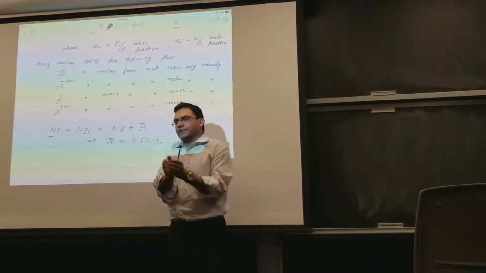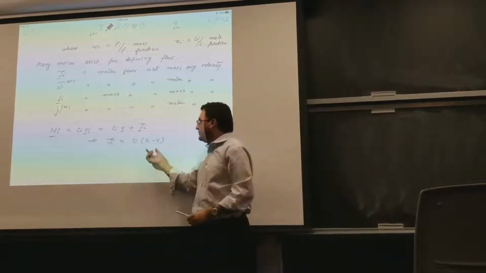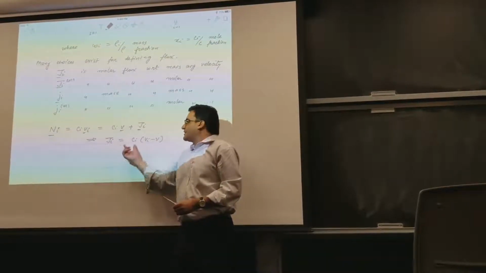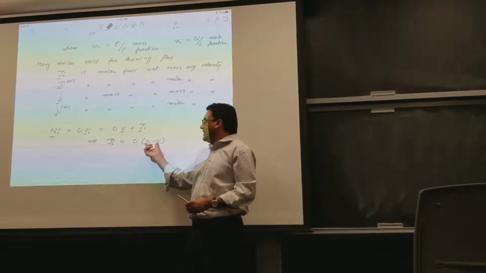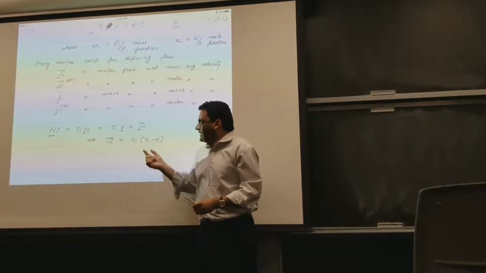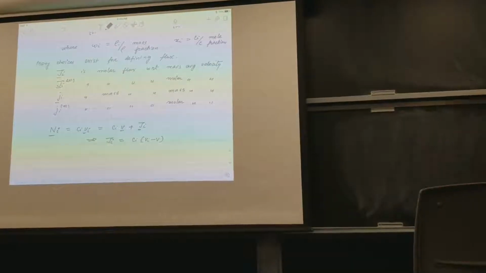But that center is itself moving with a certain velocity, that's the velocity of the bulk fluid. So the diffusive flux is going to be defined in a reference frame that takes into account the overall mixture velocity.